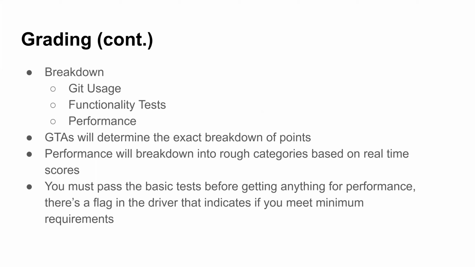You'll have no problem with this, like the easy 10 Git points or however many it is. And then you have your functionality tests to make sure that you actually have your thread pool implemented correctly. And then performance, which is if your thread pool meets the performance standards that we'll post on Piazza.